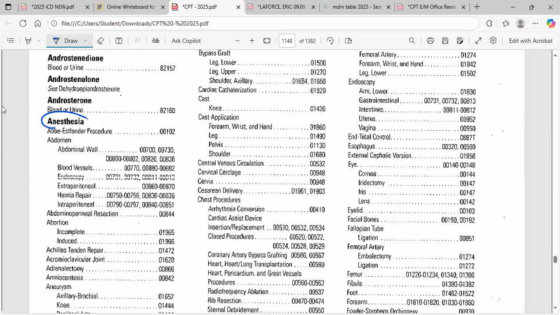You can see our anesthesia codes are listed from series 0. So all our anesthesia codes begin with the character 0. And remember, in the CPT, all codes are 5-character numerical codes, and in the ICD, we have alphanumeric codes. So in CPT, you will get numerical codes only, and all codes are 5 characters. So for anesthesia, our codes are of 5 characters.